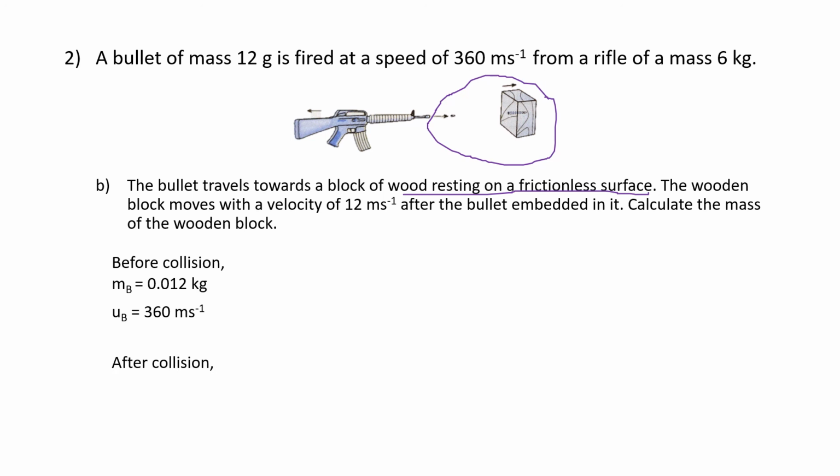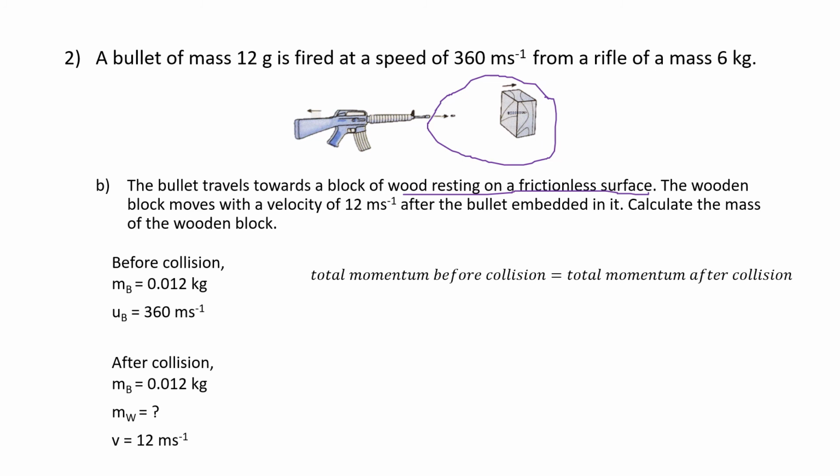Now we need the information for after collision. After collision, the mass of the bullet is 0.012 kilogram, and we want to find the mass of the wooden block. The velocity of both wooden block and bullet is 12 meter per second.